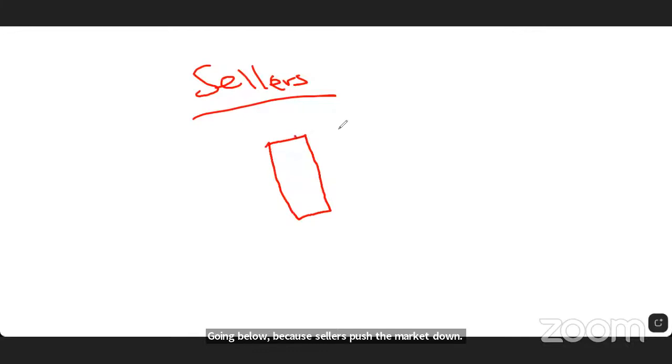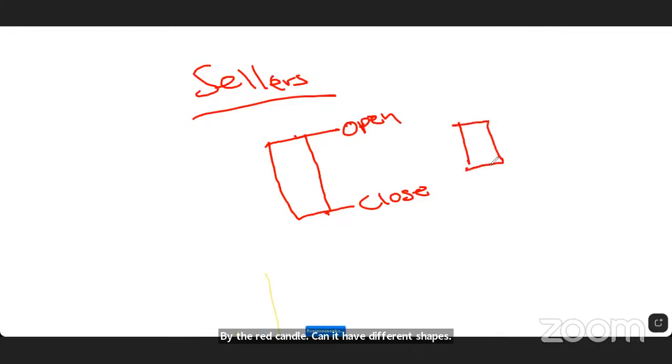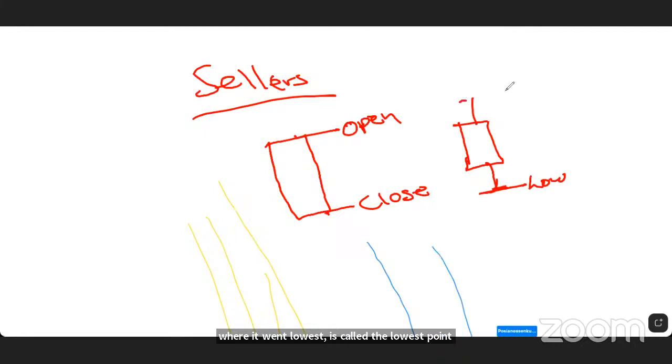Where this red candle starts is called the open, and where this red candle ends here is called the close. But the red candle can have different shapes, which I'm not going to go into. It could have a wick below and a wick above. And where it went lowest is called the lowest point, and where it went highest is called the highest point.